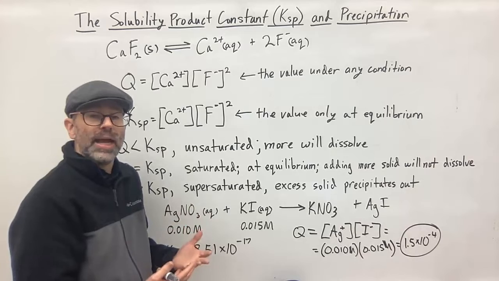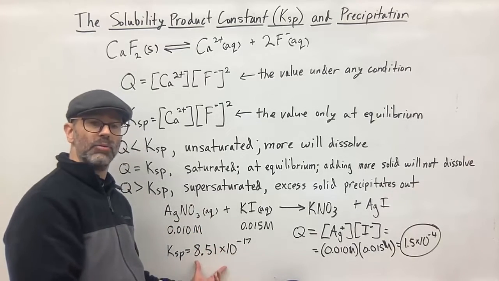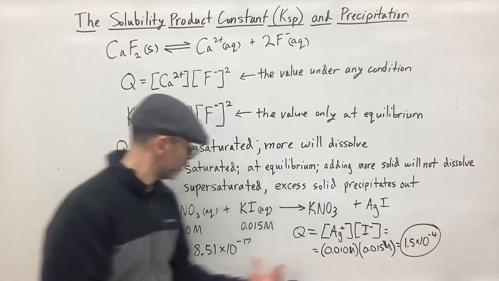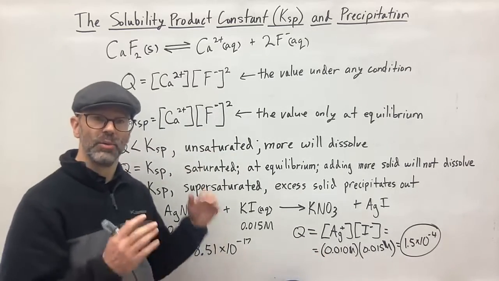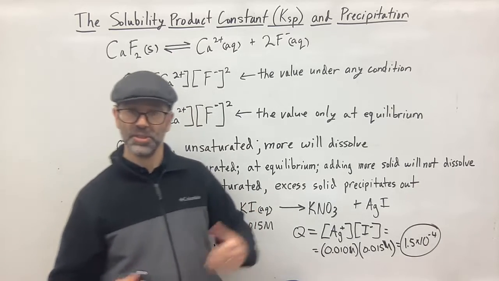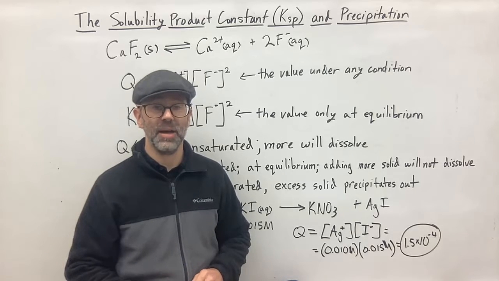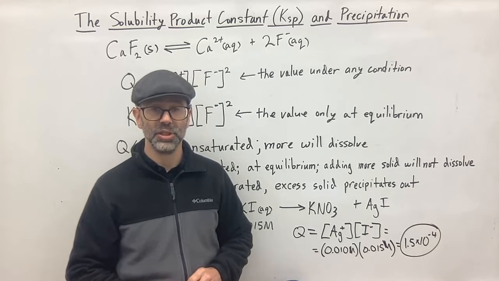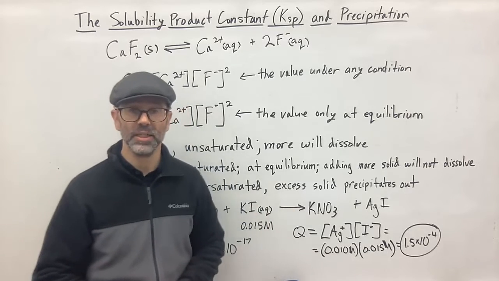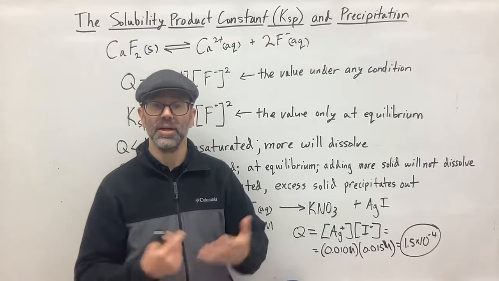I have too many ions in solution compared to what I would have at equilibrium, because my Q value is much larger than KSP, so it will precipitate out. And so that's how you can figure out whether a precipitation is going to actually occur. It depends on the amount of ions in solution. So at this point, we can determine whether or not you will have a precipitate given certain concentrations of your ions.